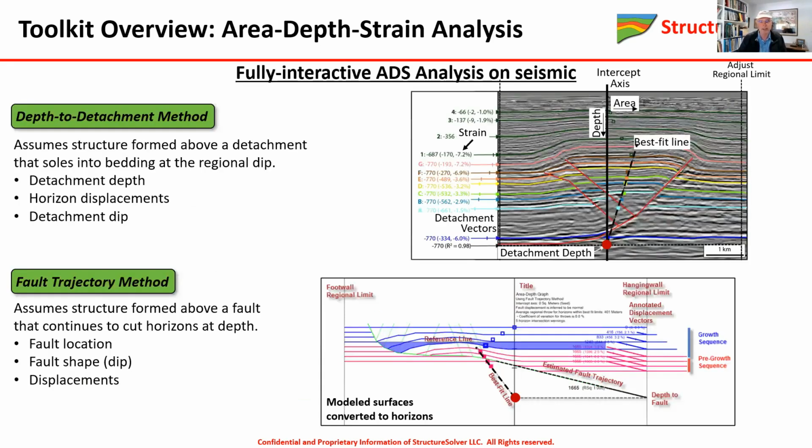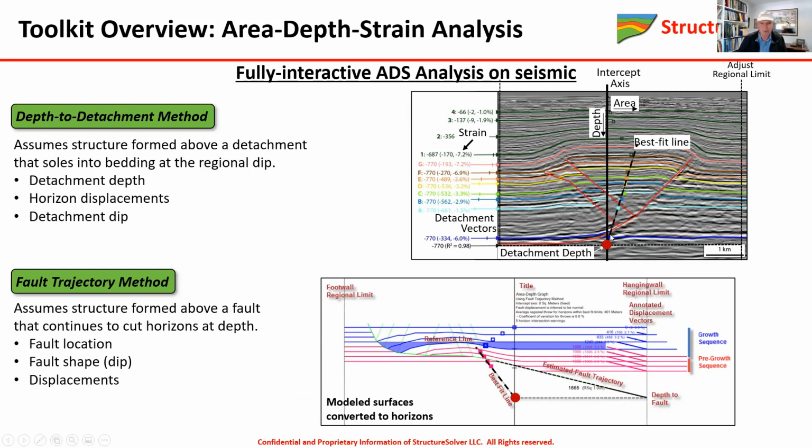Now, we also have ways of doing this where the detachments cross-cut the stratigraphy, and in that case, we can also estimate the dip and the position of the detachment as it cross-cuts the deeper stratigraphy. But today we'll be looking at area depth analysis where the detachments are going into bedding and they're essentially flat or parallel to regional bedding.